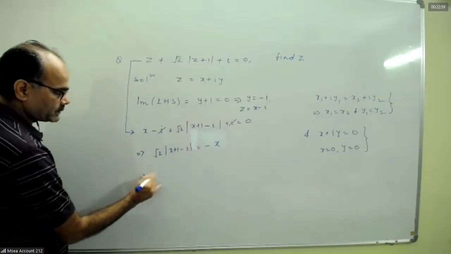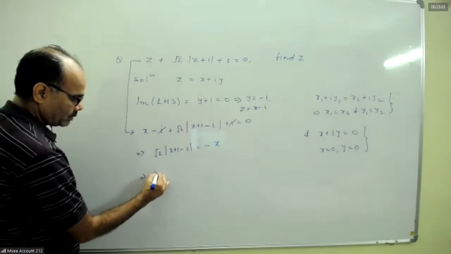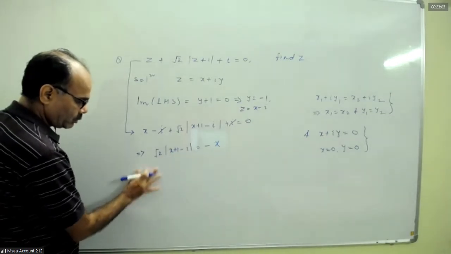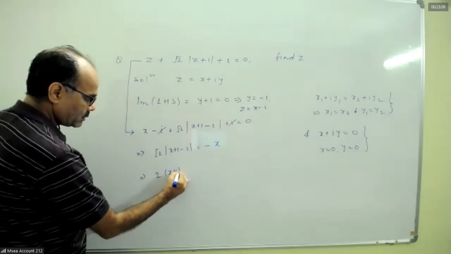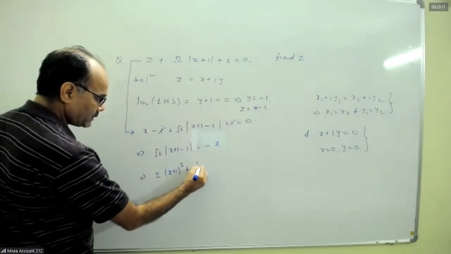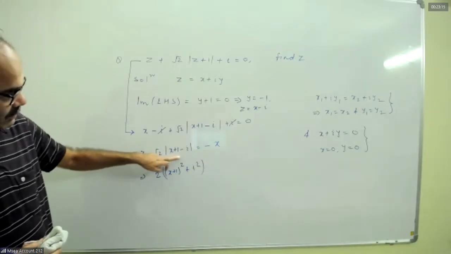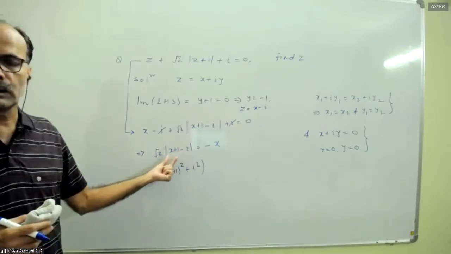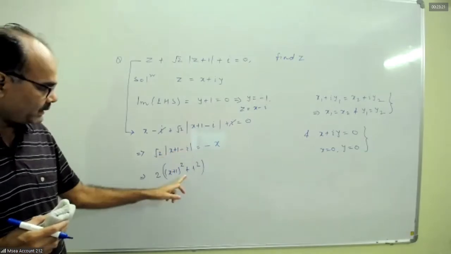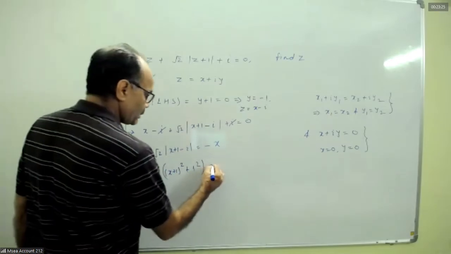Squaring, what is the magnitude of this complex number? This is real part, this is imaginary part. It's a complex number. What is the magnitude of complex number? This is real part, imaginary part is minus 1. 2 into x plus 1 whole square plus minus 1 whole square equal to x square.